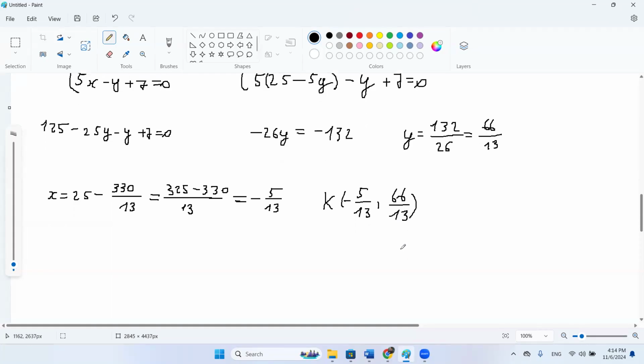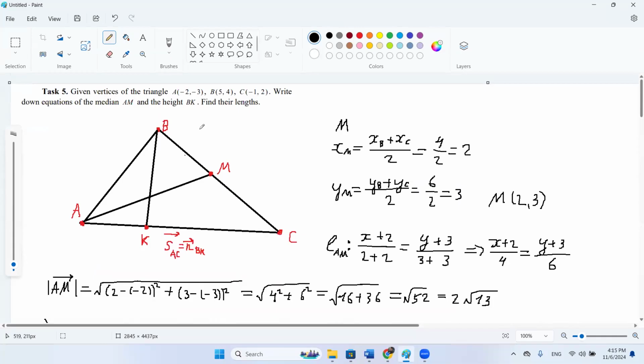So finally we found K with coordinates minus 5 by 13, 66 by 13. And finally, what we have to do is to find its magnitude. I see that it's not so convenient because of fractions, but we need to solve this task.